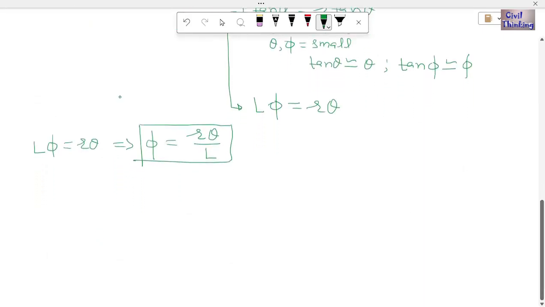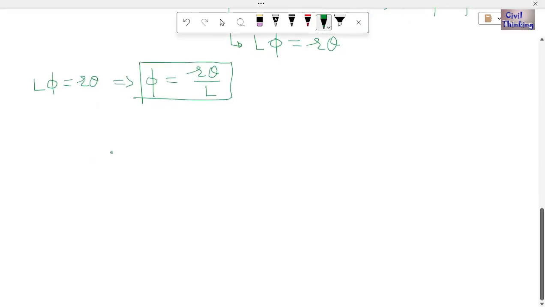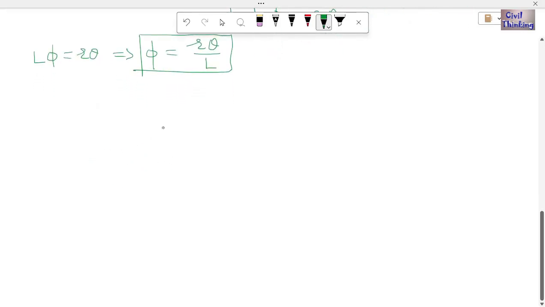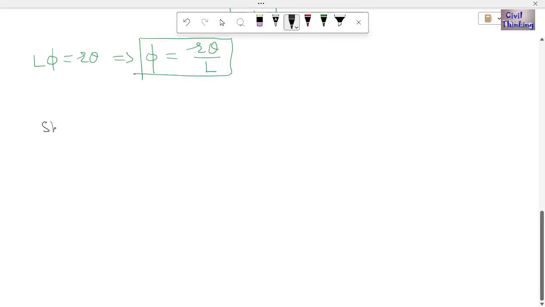Now let us apply the definition of shear modulus. We denote it with C, and some books also denote it with G. So when you see C or G, it is one and the same thing.